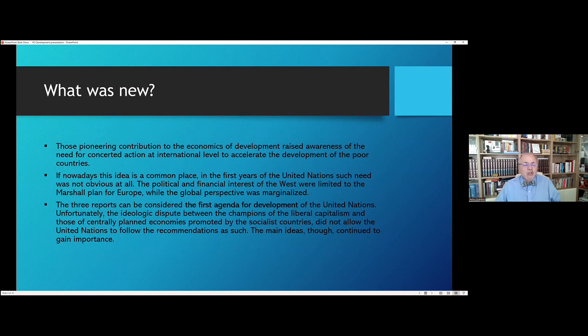So what was new about these three studies is that they raised awareness of the need for concerted action at international level to accelerate the development of poor countries. Now it doesn't seem to be a big deal, this issue, but believe me, at that time there was no concern and interest for these issues.